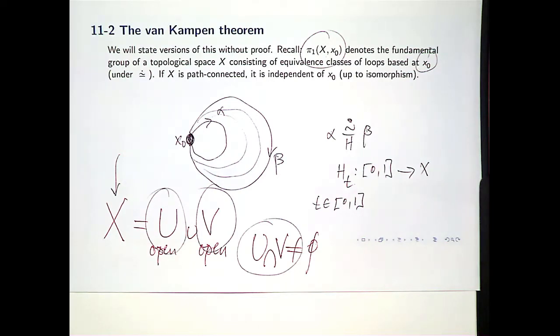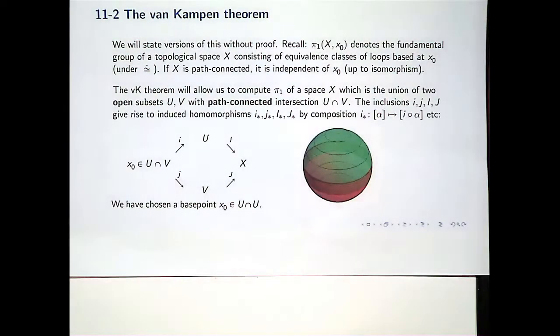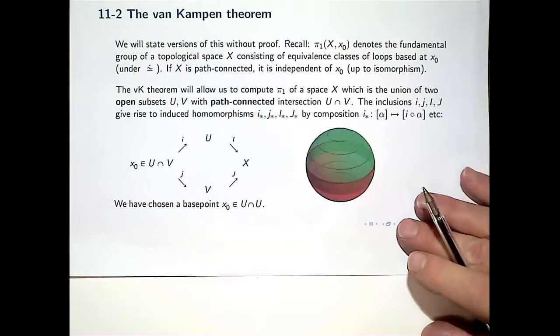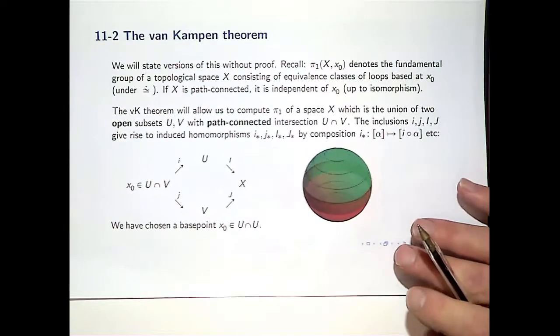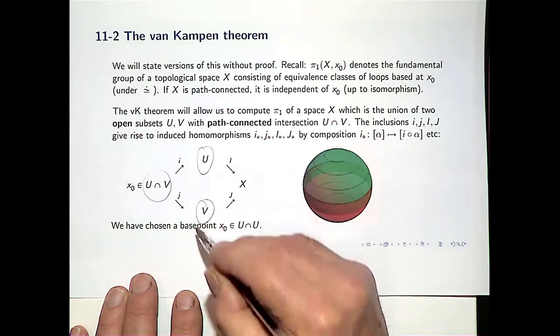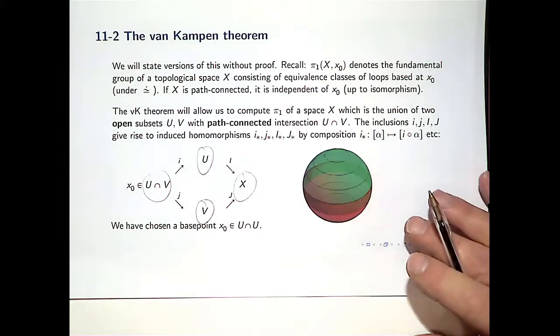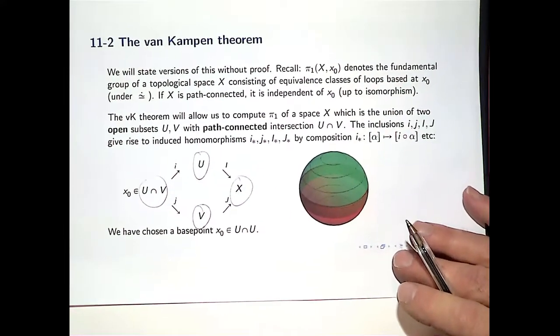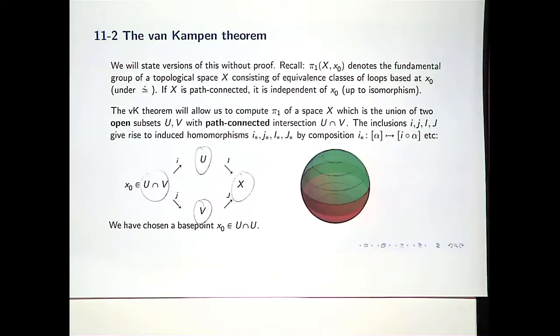So here's a visualization of the situation you might have. We have these subsets which I've just talked about: the intersection, the two pieces, and the whole space X. If we want to talk about fundamental groups, we need to relate the fundamental groups of these four objects, and we have to do that using the induced homomorphisms.